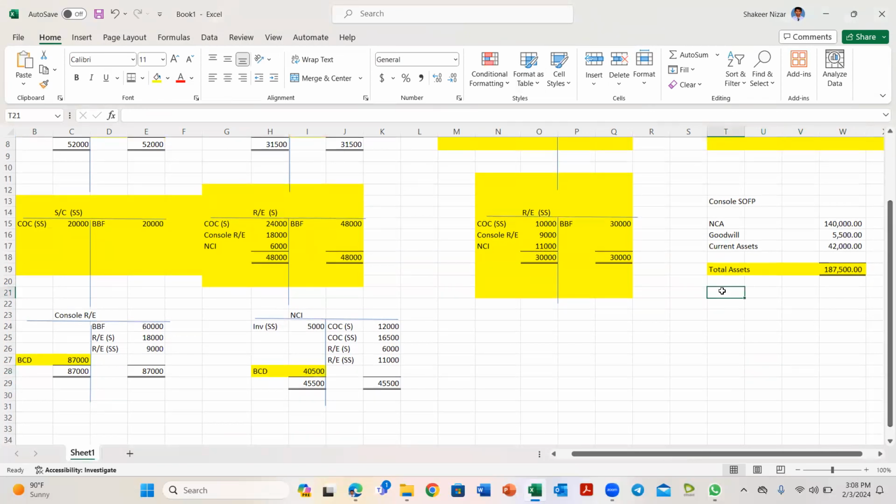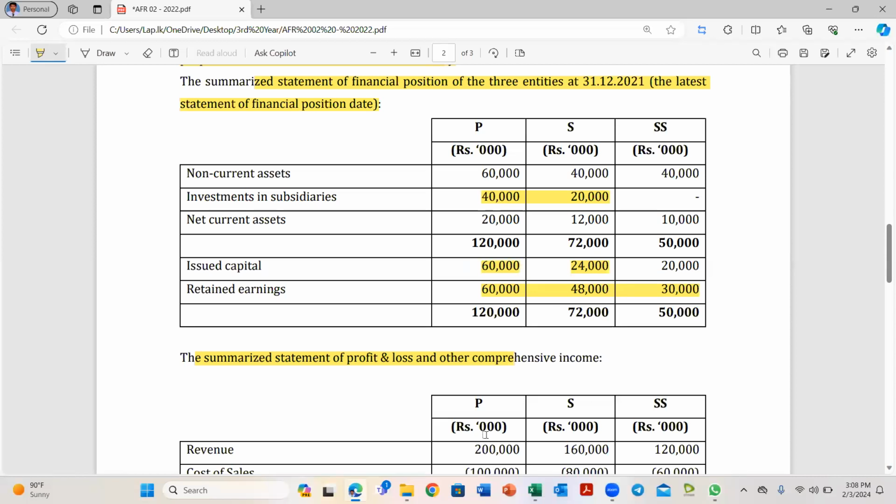Then we have equity and liabilities. What is the amount? The stated capital, the parent portion. Stated capital is how much? The parent amount, that is 60,000.